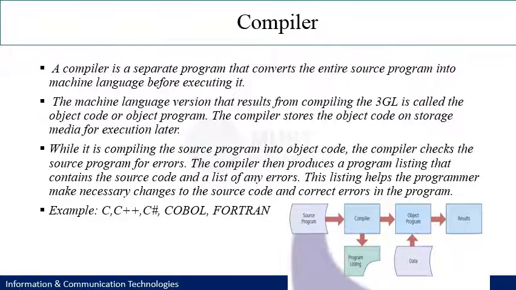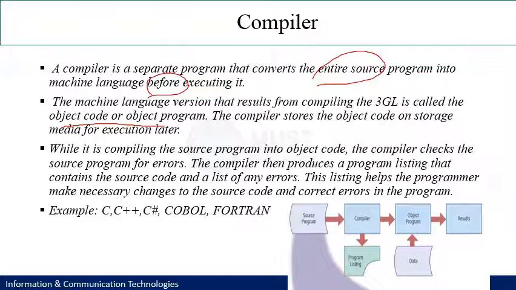On the other hand, a compiler is a separate program that converts the entire source program into machine language before executing it. The machine language version that results from compiling third generation languages is called the object code or the object program. The compiler stores the object code on storage media for execution later.